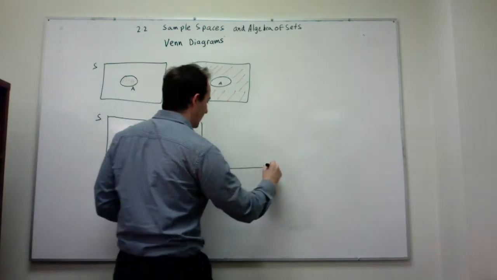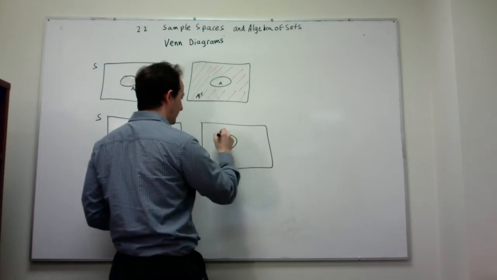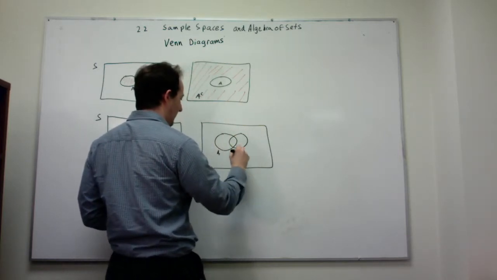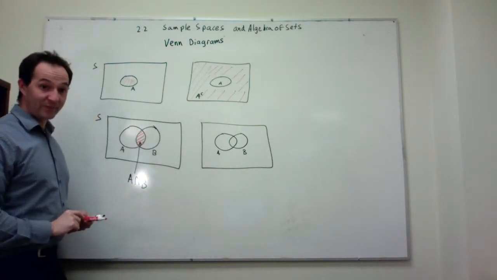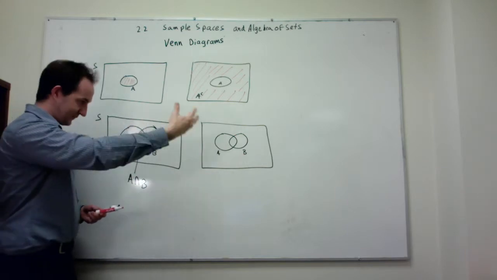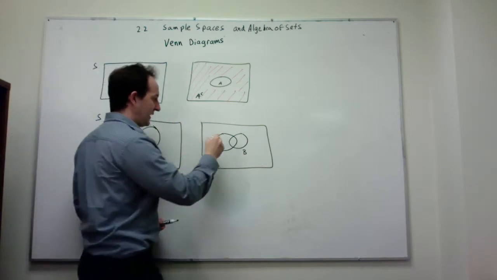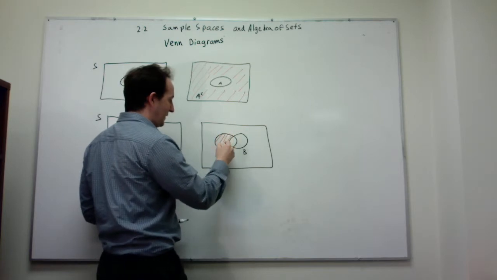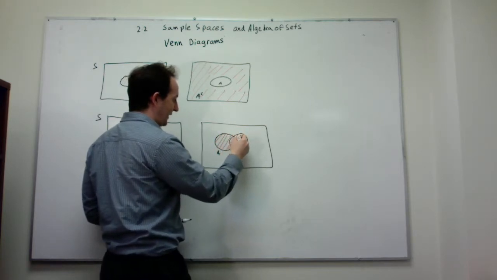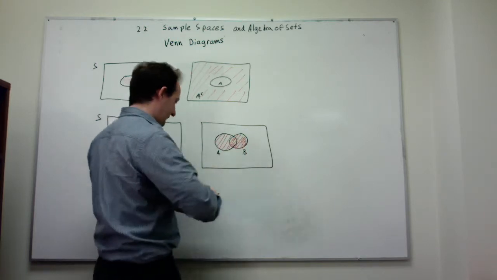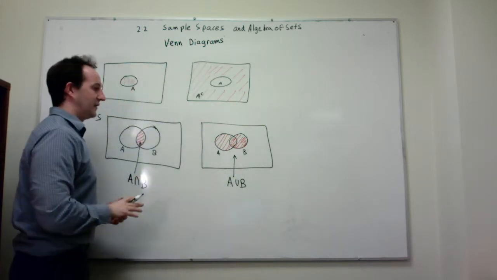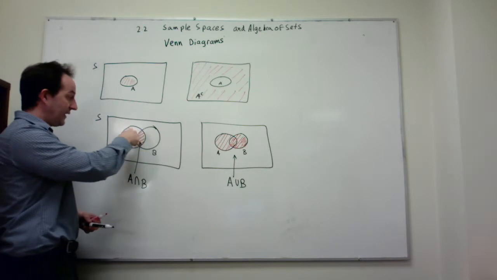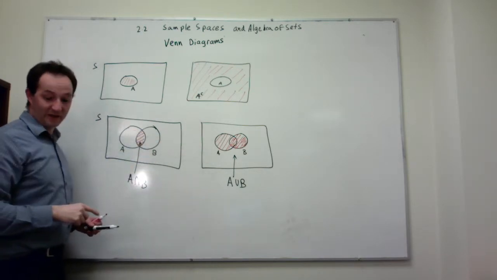So if I redraw the picture now, that's A and that's B. If I think of A union B as the set of all things that are in A or in B, A union B would be this entire space here. Okay, so with simple Venn diagrams, we can identify A intersection B and A union B.